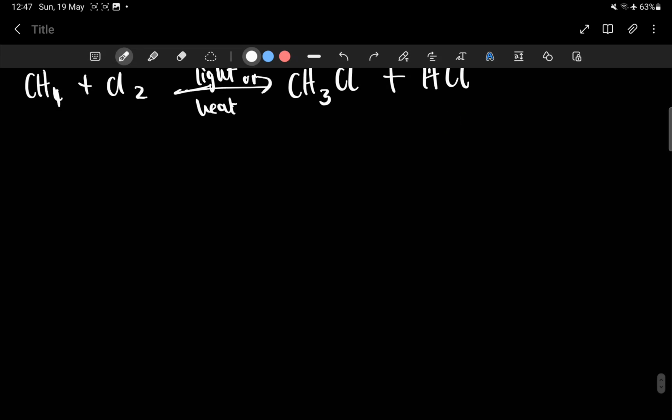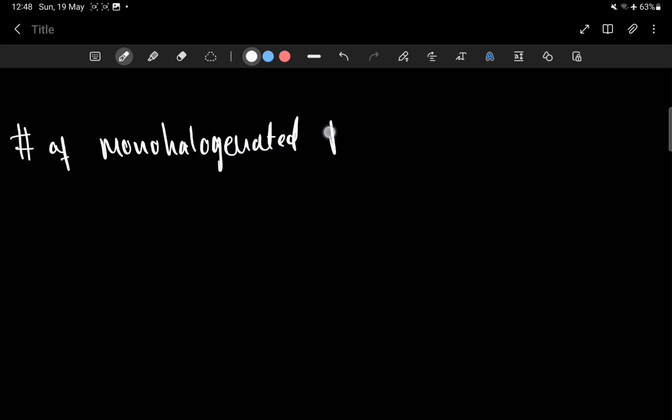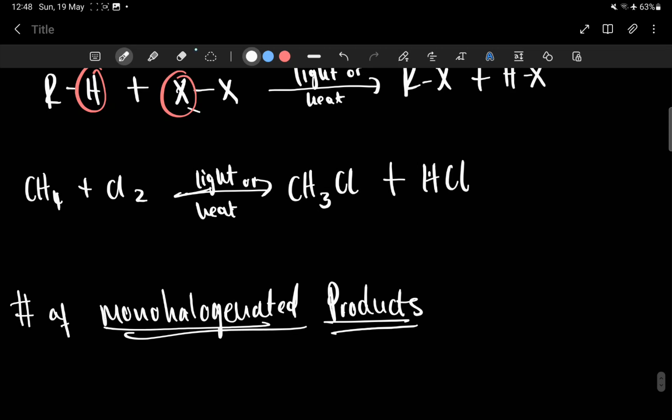Now, there are things you're going to need to know about this reaction. First is how many products. You can be asked about the number of monohalogenated products. If we look back at the reaction between chlorine and methane, this is what happens when there is just 1 mole of chlorine and 1 mole of methane.